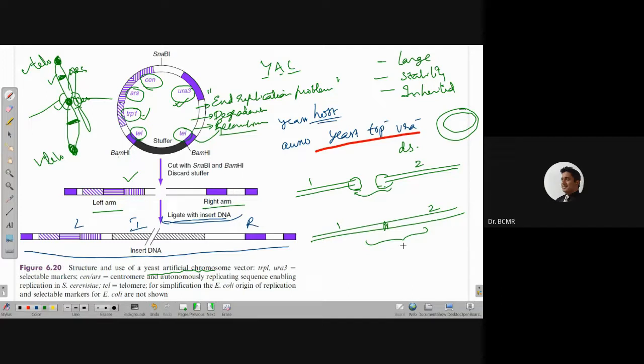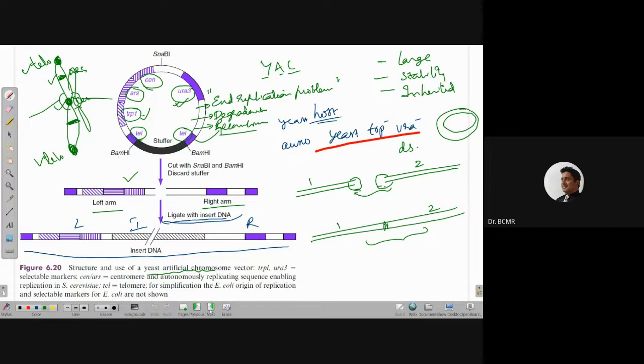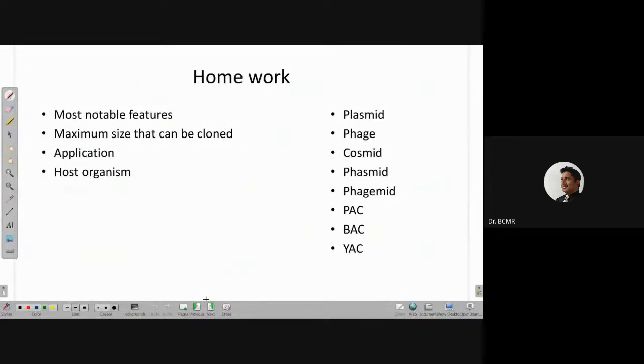Okay? Yes, sir. That is about the yeast artificial chromosome. Similarly, there will be a mammalian artificial chromosome as well, I think, and a bacterial artificial chromosome was also made. This is a phage artificial chromosome.